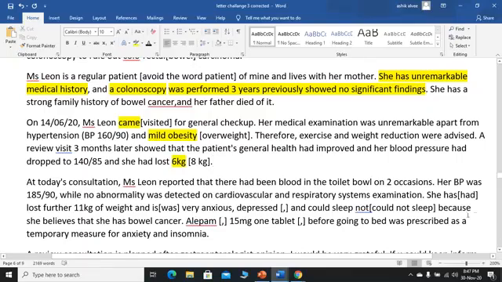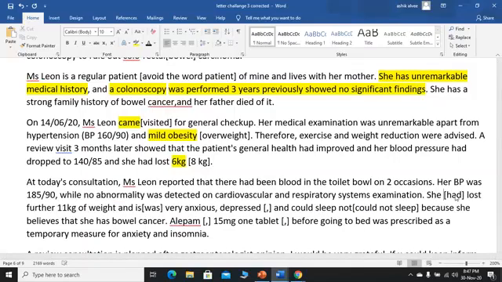First of all, there has been a mistake of tense here. It should be she had lost. She had lost. This is a past event. In today's visit, she is reporting about an event that has already happened.